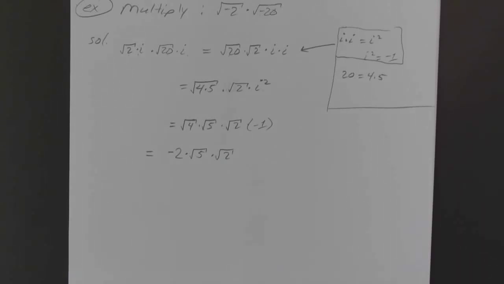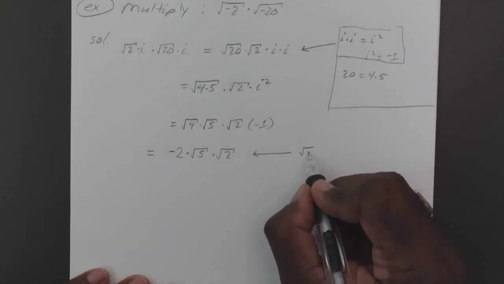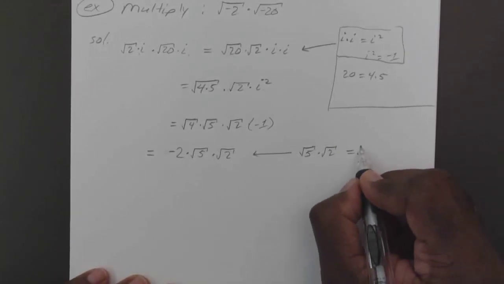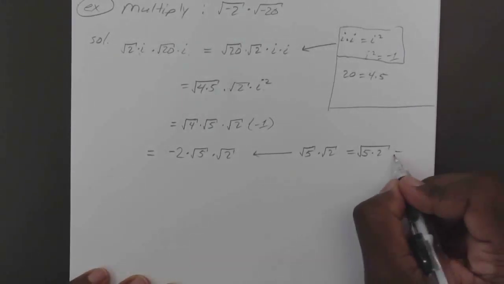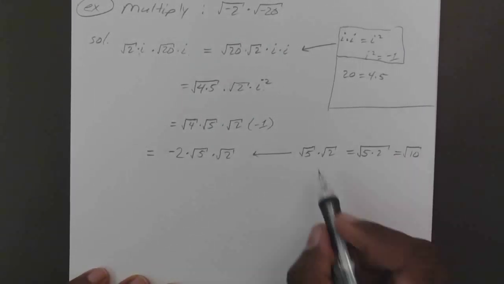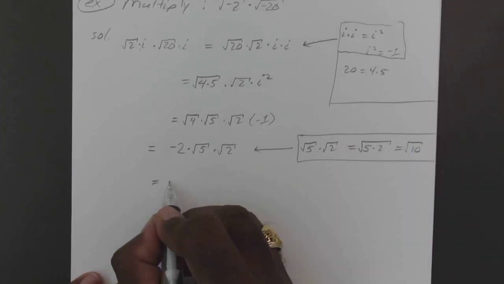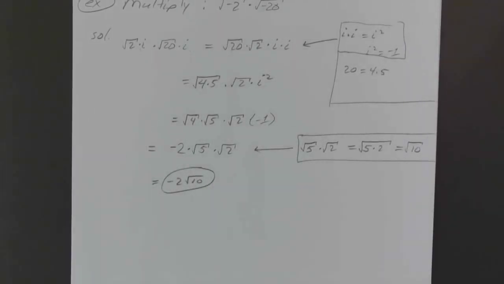So you're like 99% done, because for this one, remember square root of 5 times square root of 2, you can make that square root of 5 times 2, which is square root of 10. So that gives us -2 square root of 10. Any questions on that one?